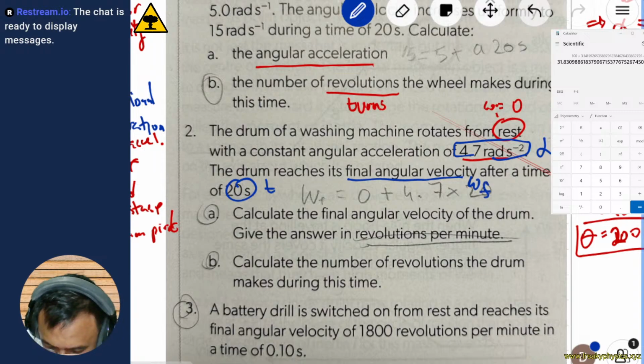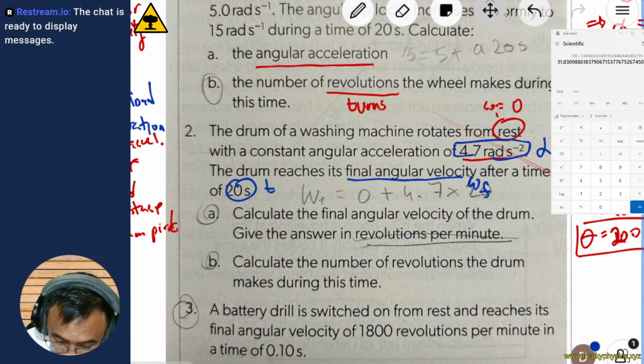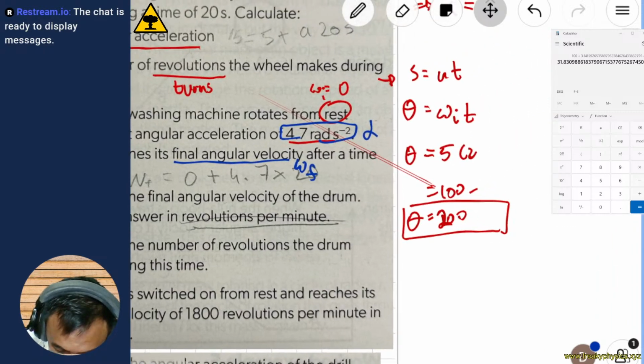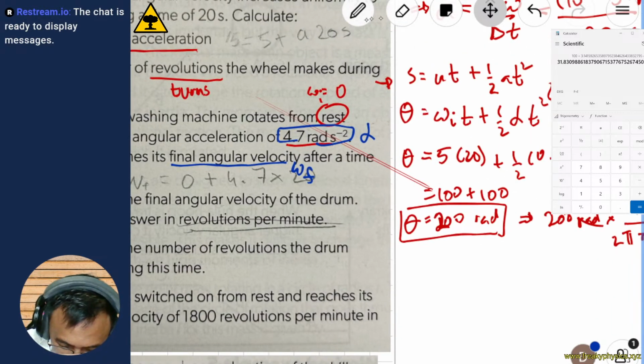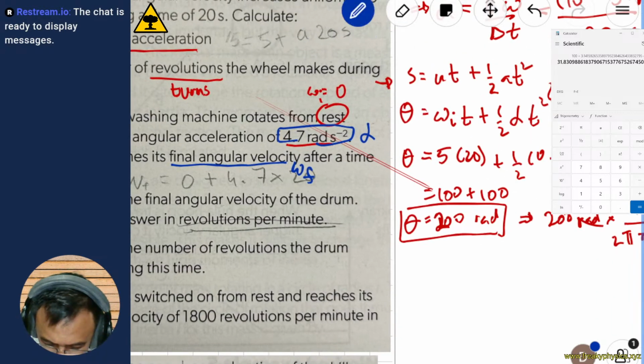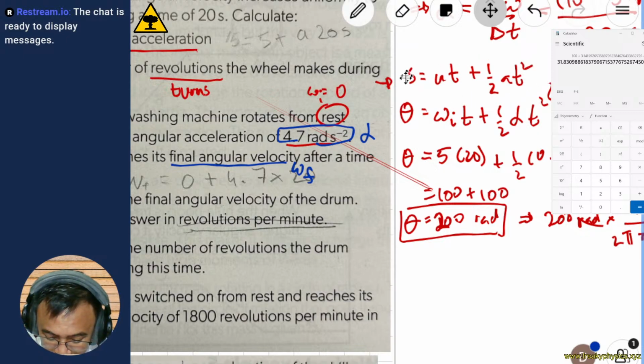The easiest equation to use in this case is the equation we used earlier. Don't start with angle if you're struggling with it at the moment. Start with linear motion: S equals ut plus 1/2 at squared. Then change that into the rotational versions. The only thing that won't change into the rotational version is the time.